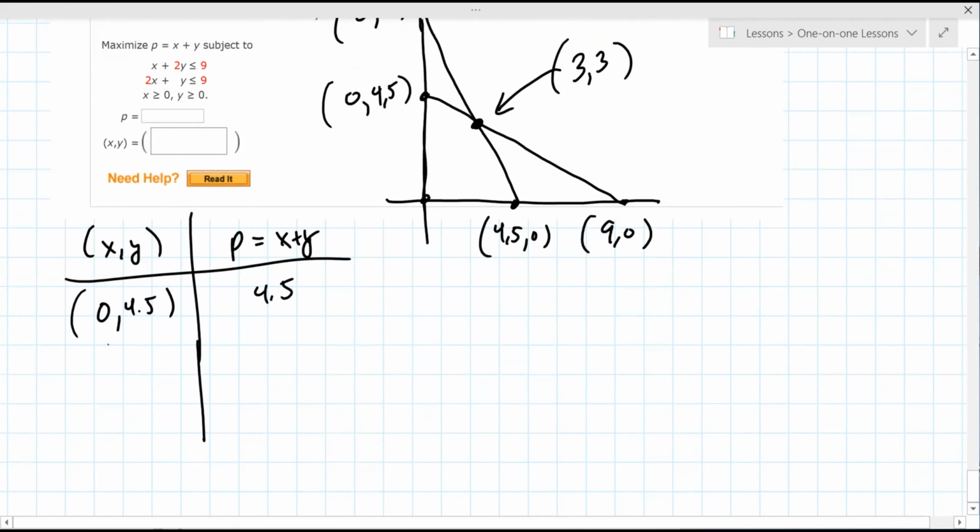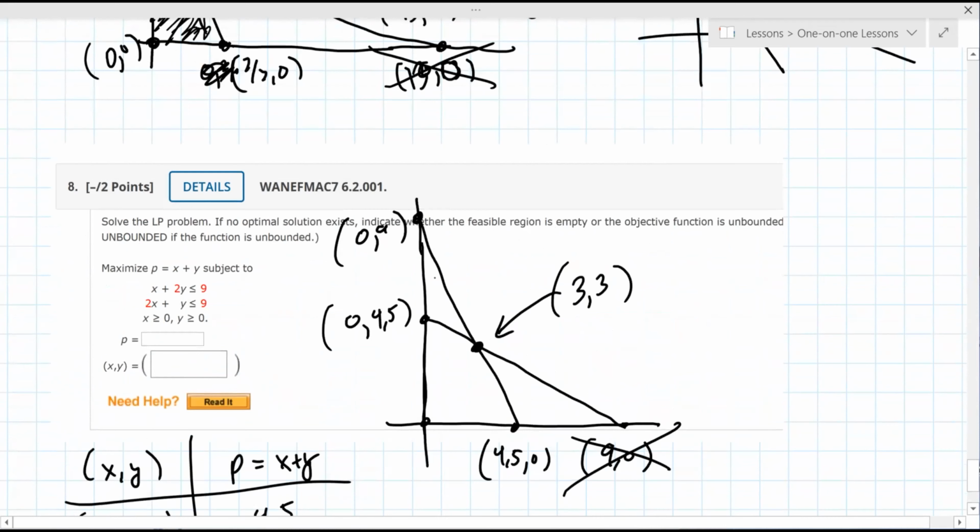I'm just adding two values. 3 comma 3 is 6, 4.5 comma 0 is 4.5. As a reminder, these are excluded because the overlap would only occur in this region here. And that's why those are excluded. So your maximum is 6 at 3 comma 3 for this one.